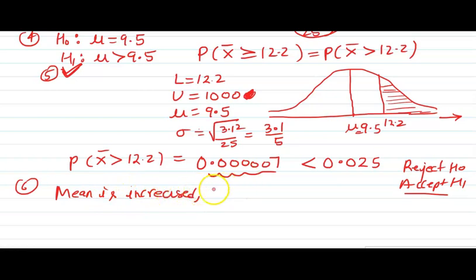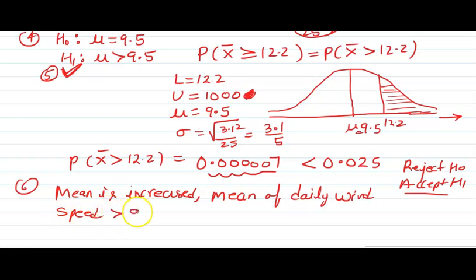It means mean of daily wind speed greater than 9.5. Is that okay? This is what they have asked us to do test. We did test, result is there, and we found that mean of daily wind speed is greater than 9.5. Am I clear? Right? Any question?